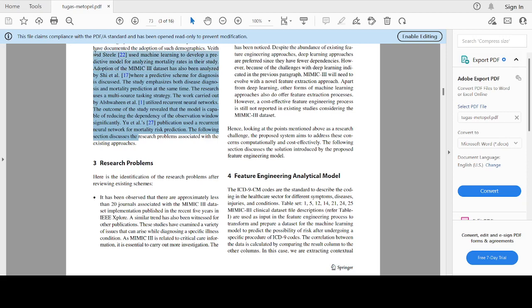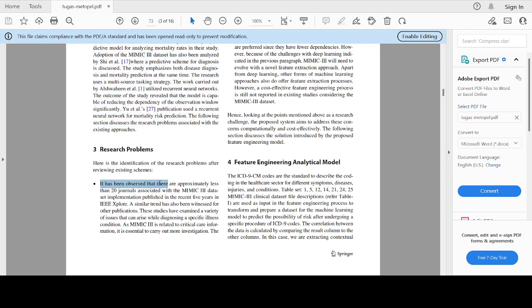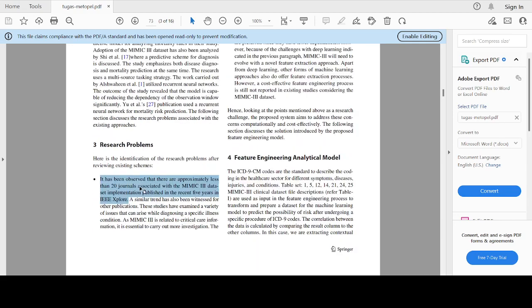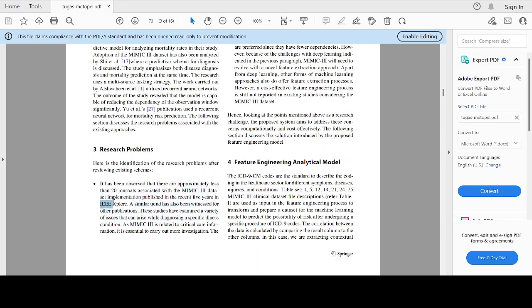After reviewing this previous research, it has been observed that there are approximately less than 20 journals associated with the MIMIC dataset implementation published in the recent 5 years in IEEE Xplore. For those of you that don't know, IEEE Xplore is a site for publishing journals and conference proceedings. Some conferences can be indexed by Scopus, some maybe not, so it depends on the conference, but yeah, this is a reputable publisher or publishing space. A similar trend has also been witnessed for other publications.